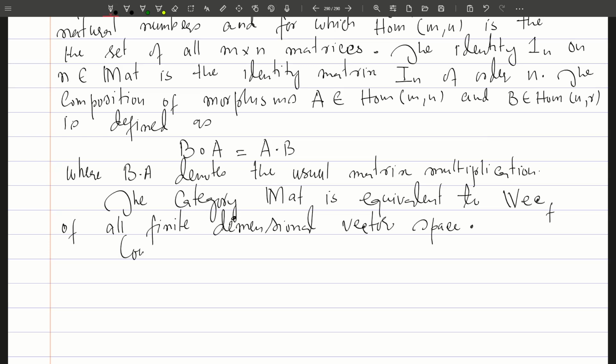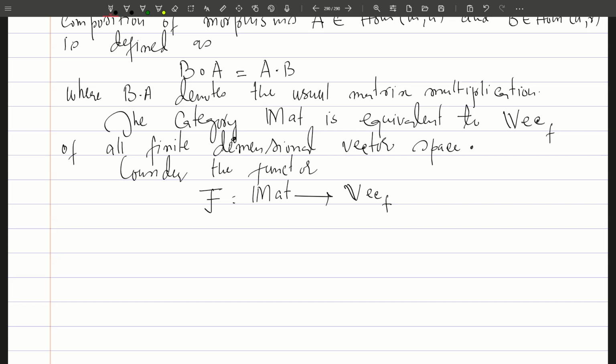Now consider a functor, say F, from the category Mat to the category Vec F. What it does is, this functor takes an object n here and maps it to R to the n, where R to the n is a vector space of dimension n over R.